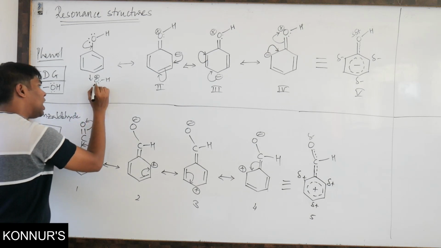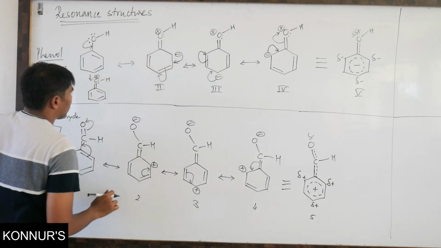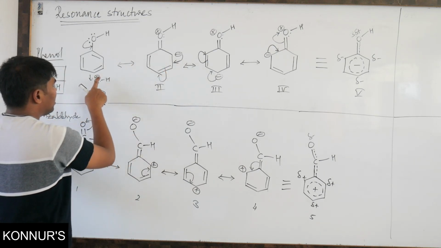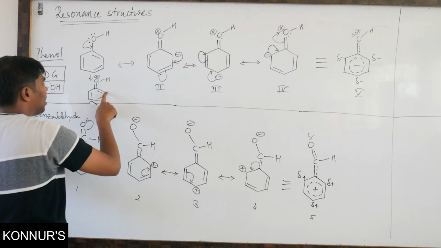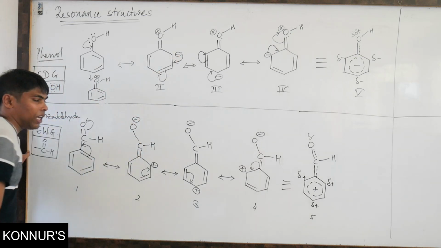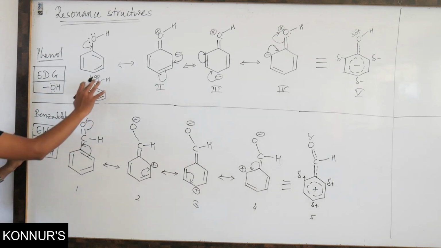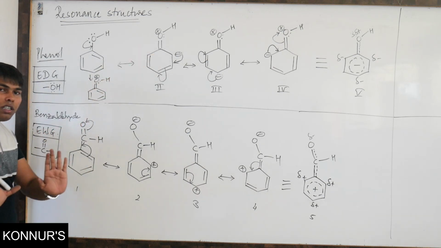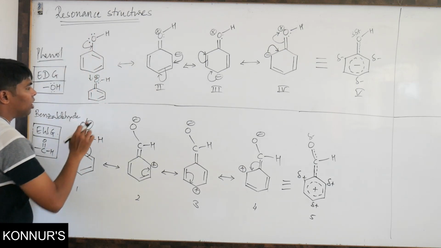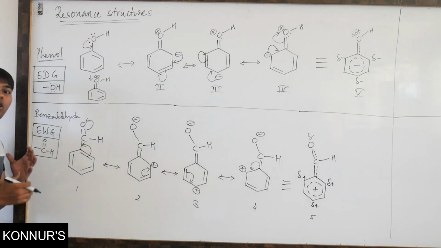If you write like this only, compare this structure and this structure, there is a positive charge, this is also a positive charge, but here there is a negative charge, but there is no negative charge over here. If you write like this only, it is not a resonance structure, because a lone pair is converted into a bond pair. Now this bond pair should convert into a lone pair.